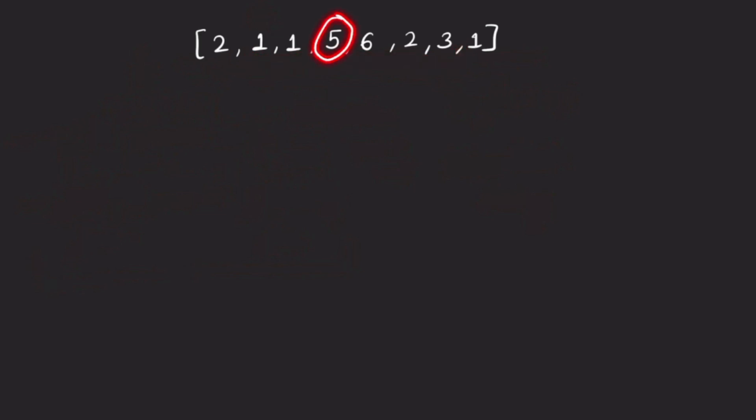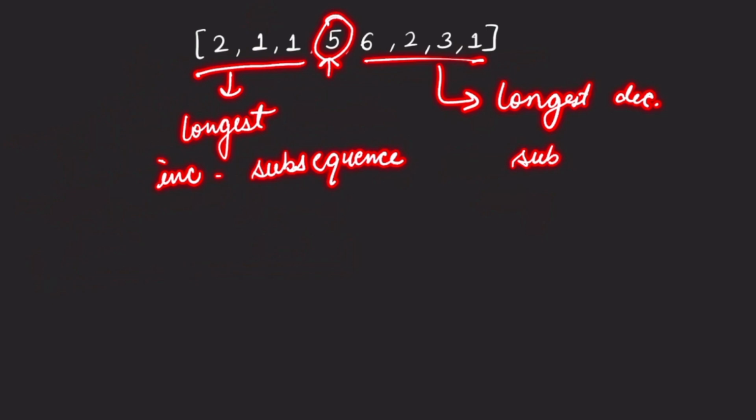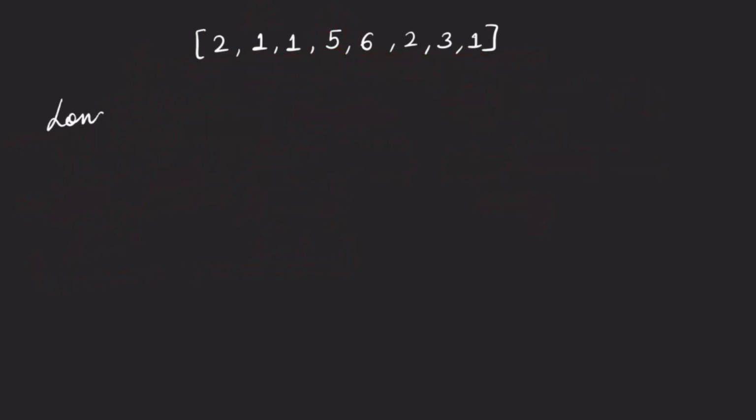For example, we are considering 5 as a peak element. So we will see that before 5, what is the longest increasing subsequence that we are getting, and on the right hand side we'll find out what is the longest decreasing subsequence that we are getting, right? Now let's understand why we are saying this.